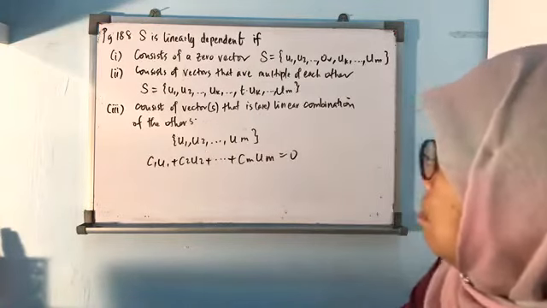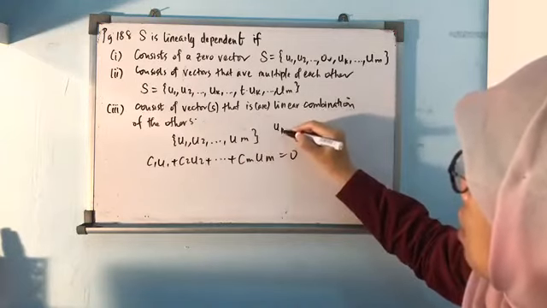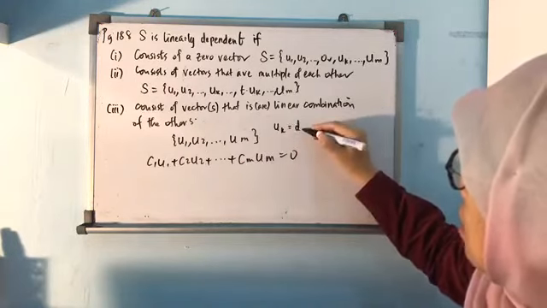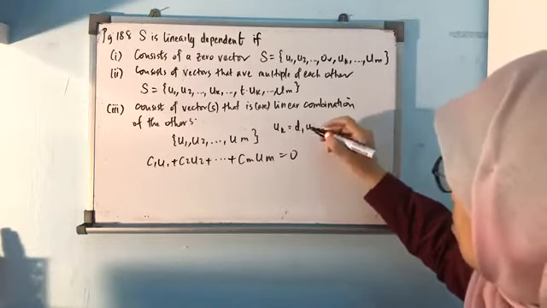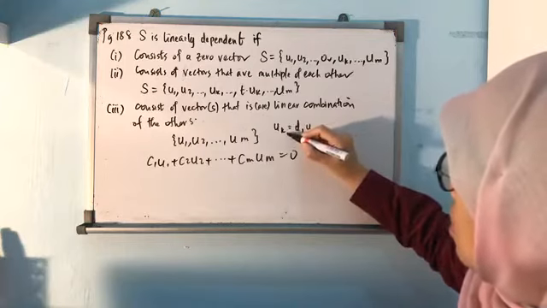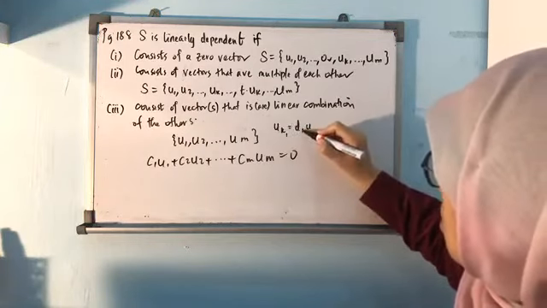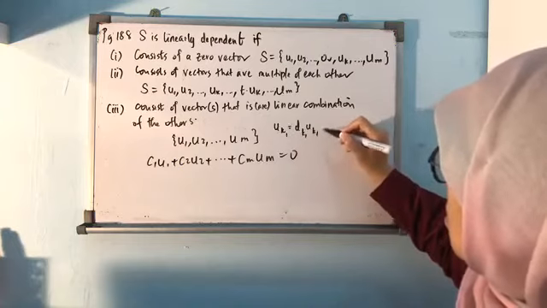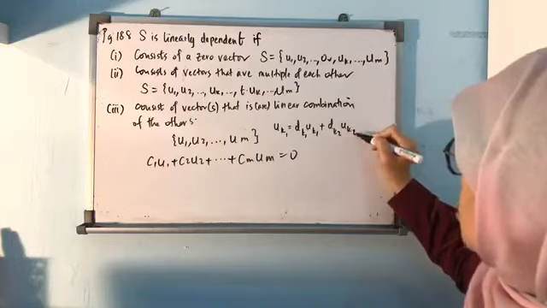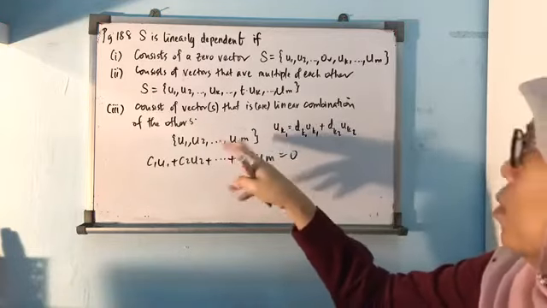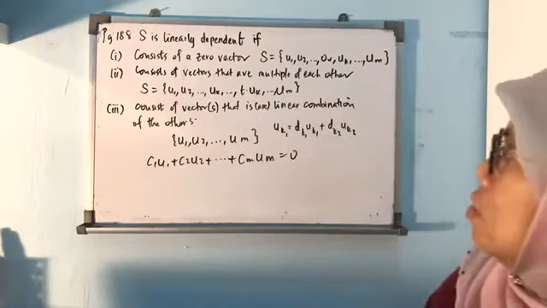Linear combination means some of the UK is like D1; we don't know which K, so maybe one of the U's is a linear combination of the other two.